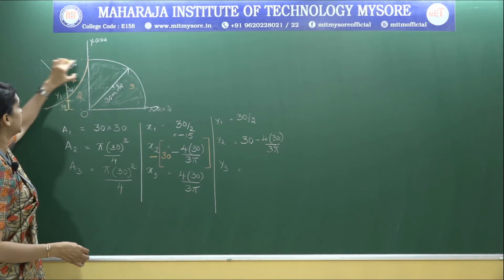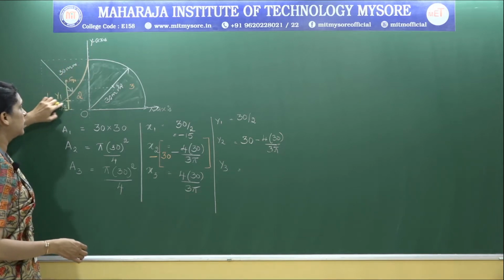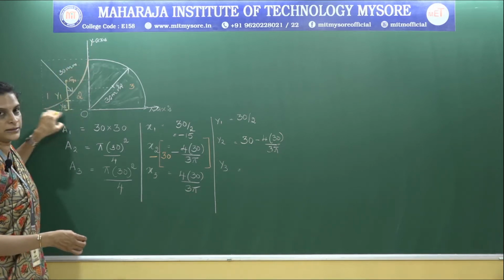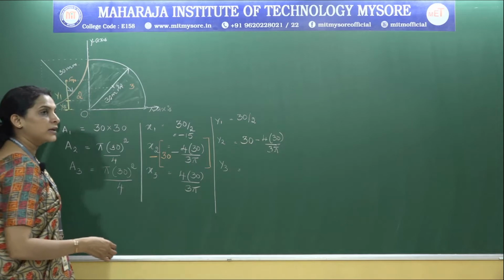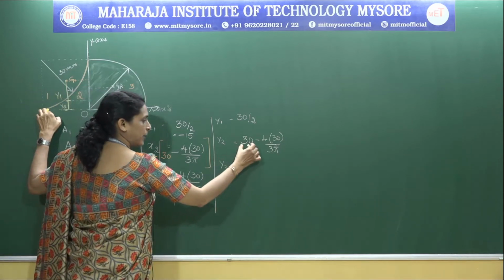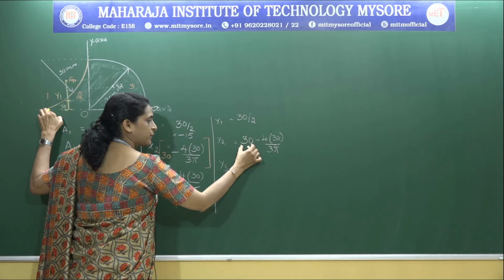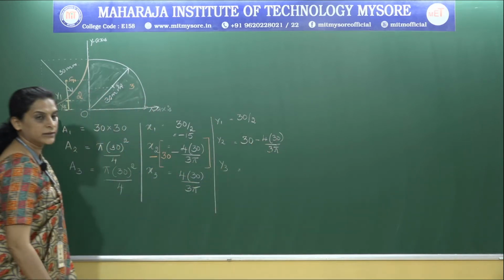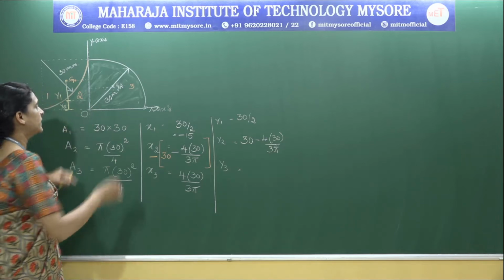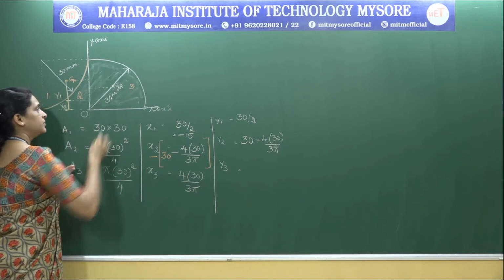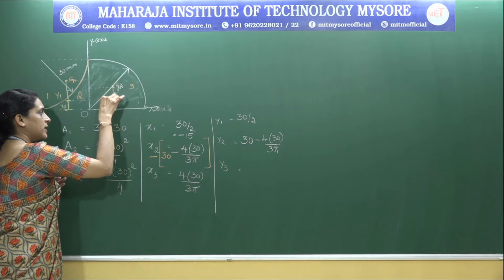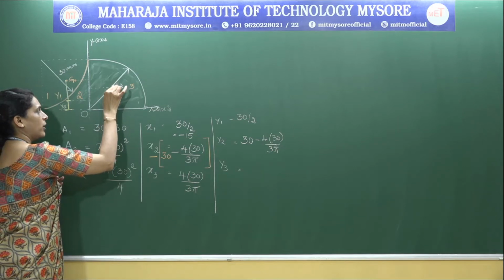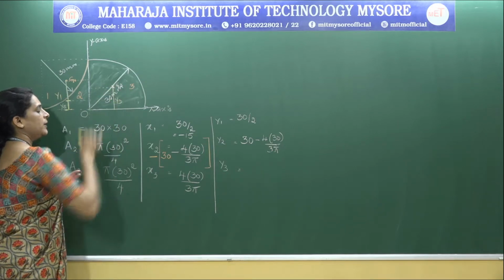Again we know the quadrant of a circle is inscribed within a rectangle. The base of the rectangle is 30 and we are subtracting the 4r by 3 pi with that. Fine. Next, y3 again here is from x-axis till this point.